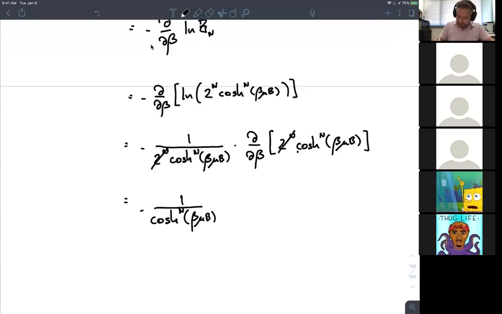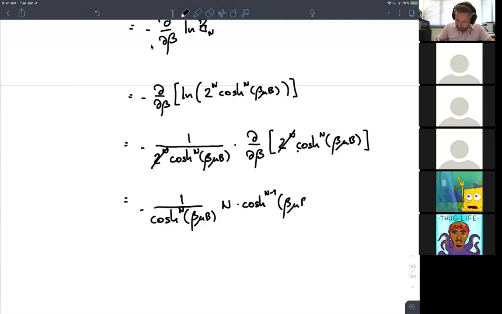When we take the derivative of this thing, we get a factor of n from pulling down the exponent. We then have cosh to the n minus 1 beta mu B. Then you take the derivative of the cosh, and that gives you a sinh. And then you take the derivative of the argument of the cosh, which is beta mu B, and so you just get a factor of mu B. All right, so there it is.